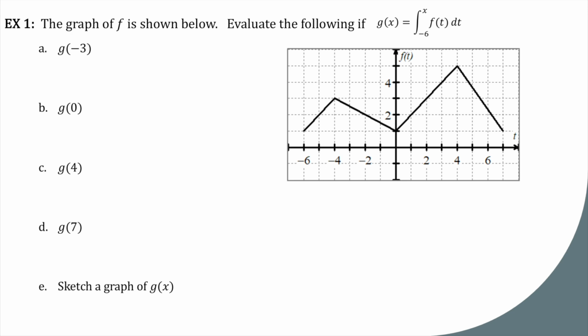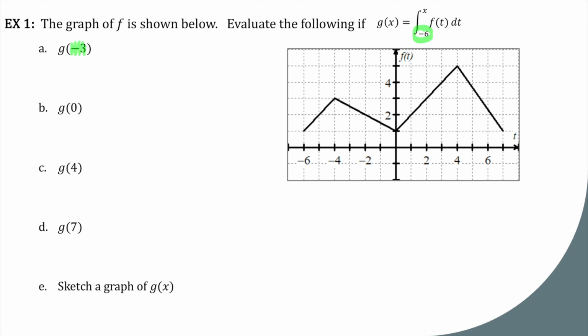The graph of f is shown below. Evaluate the following if g of x is the area under the curve between -6 and x of our function f of t. So f of t is a derivative graph, okay? And if we're looking for g of something, we're looking for the area under the curve between -6 and whatever this x value is.